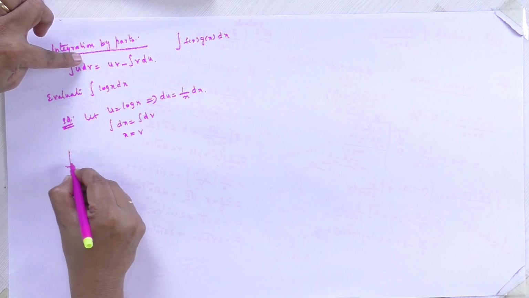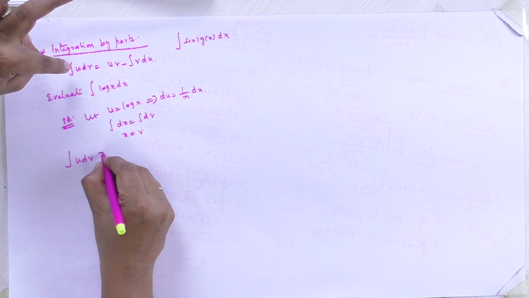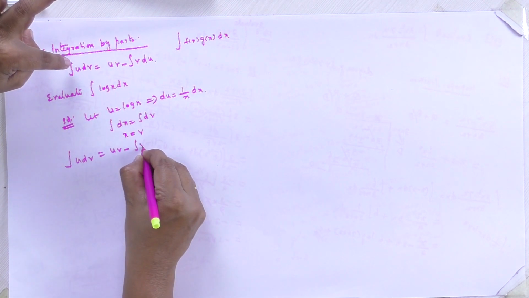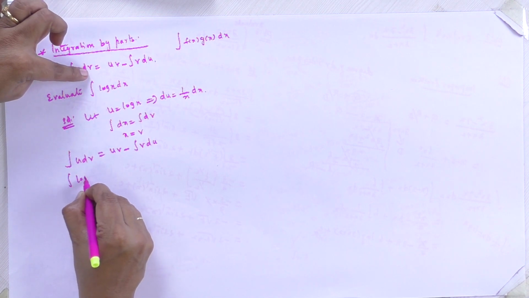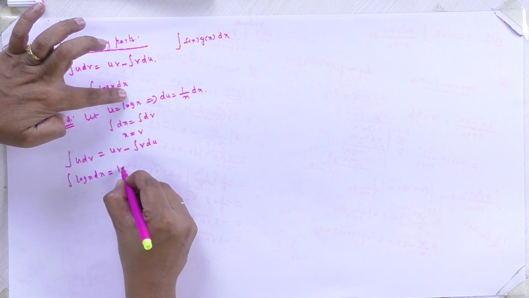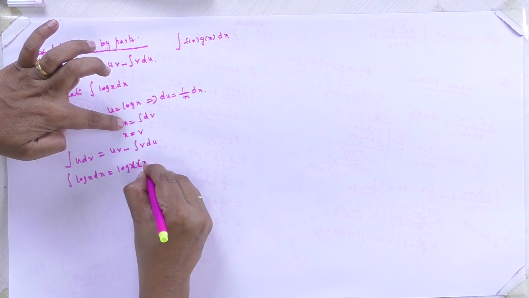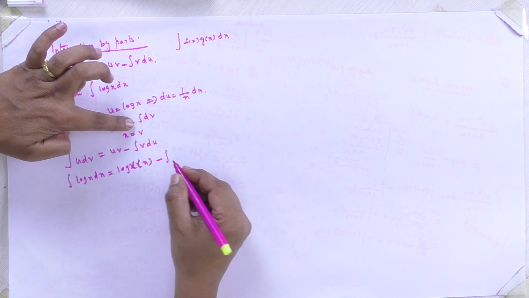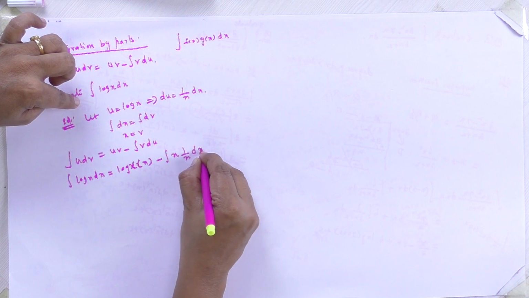According to this formula, integral u dv can be written as uv minus integral v du. So the given function log x into dx can be written as: u is log x, v is x, so x log x minus integral v du, that is x into 1 by x into dx.